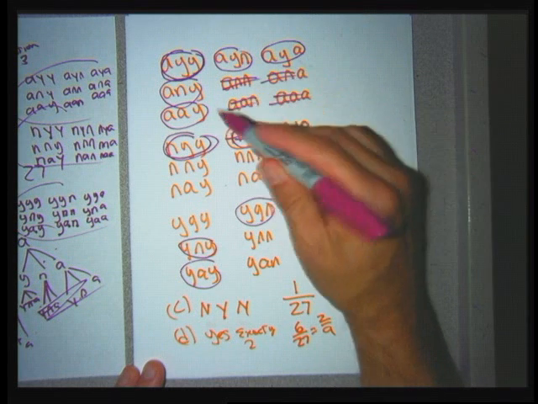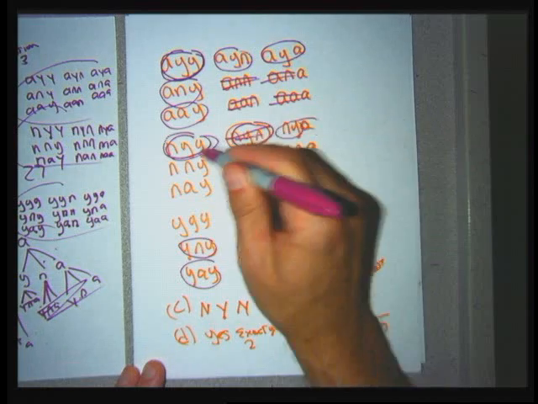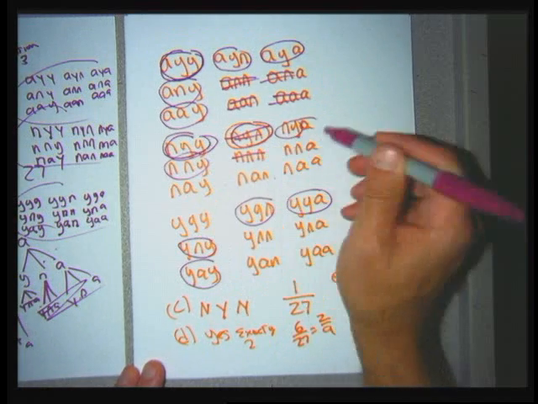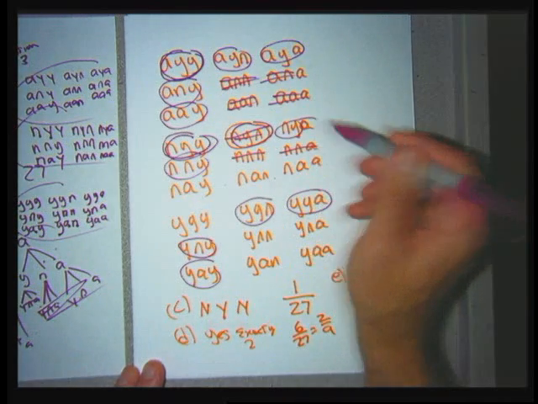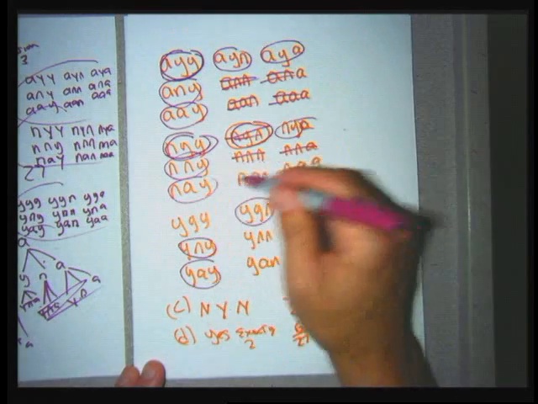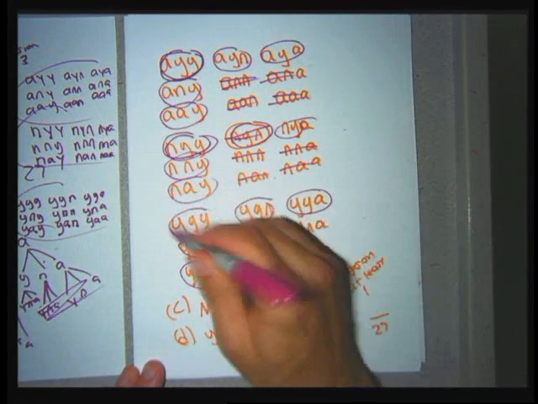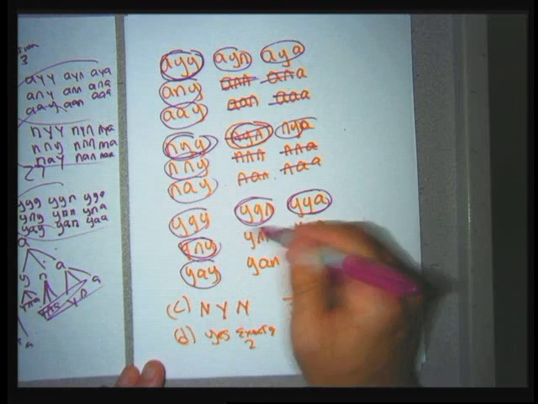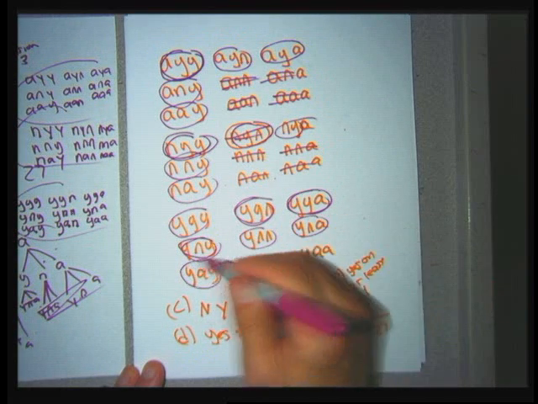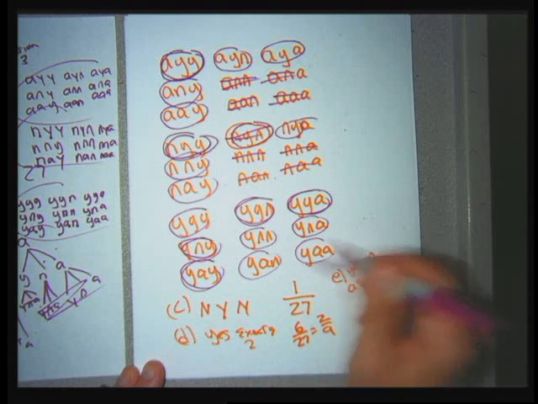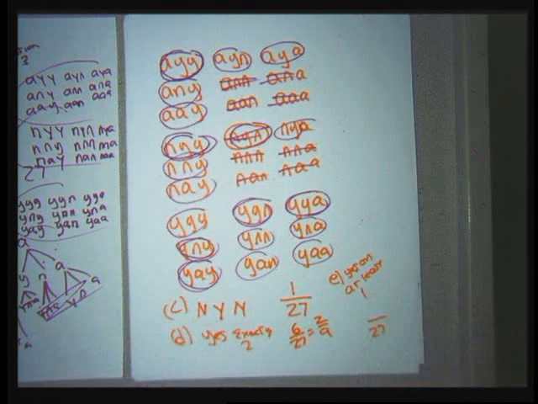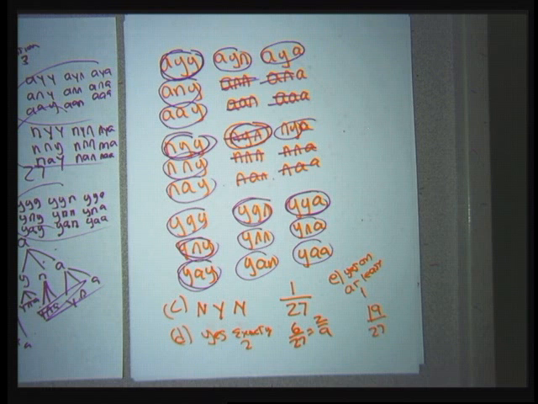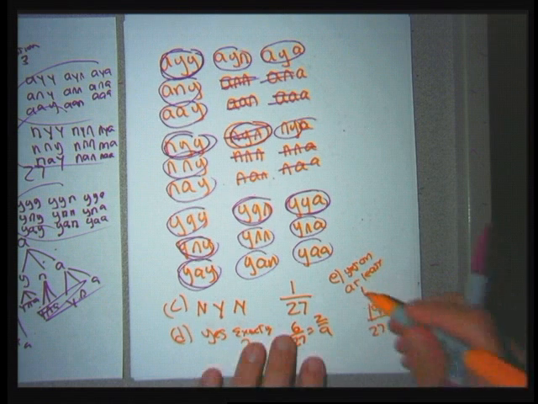So I have 8, 9, not counting that, it doesn't have a yes, 10, 11, 12, 13, 14, 15, 16, 17, 18. Looks like there's 19 of the 27 in the sample space that have at least one yes, which means 1, 2, or 3 yeses.